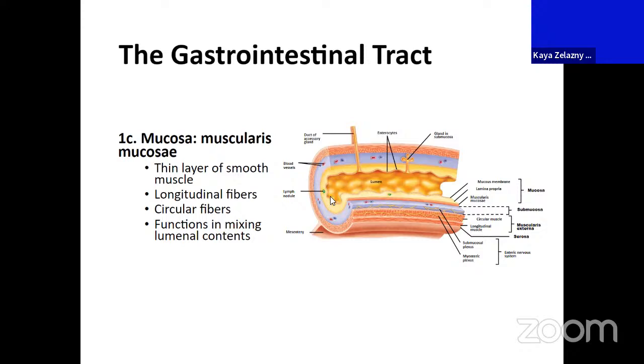So we've got a mix of both. And that is going to have a fair amount of function when we talk about the motility in mixing the luminal contents. So we're going to both mix, and then we're also going to push. Okay. Motility is going to come after we talk about all the digestion and absorption stuff. So this will come back later.